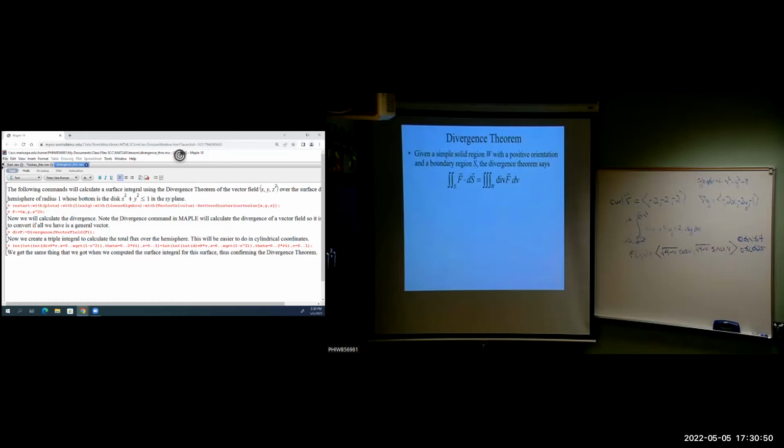So finding the integrand's not a problem. The only other thing we have to do is set up the triple integral, which we had plenty of practice with back in the last module. So mechanically, nothing new. Divergence we've done before, triple integrals we've done before. Conceptually, we had to make this tie between doing a triple integral of the divergence and a flux integral.